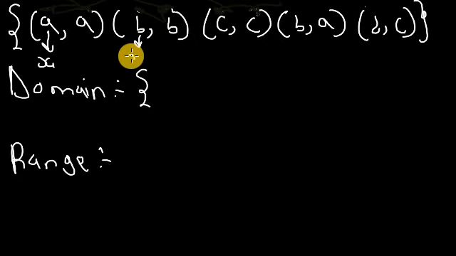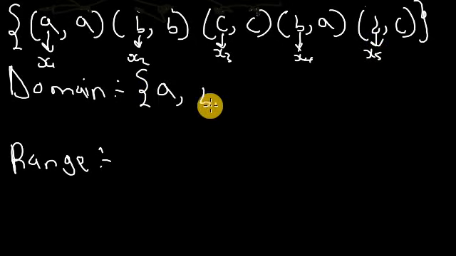This is also an input. The first value present in those parentheses, consider it to be the input value. So this x3, x4, and x5. So the set of the input values, which is the domain, is simply A, B, C, and D.